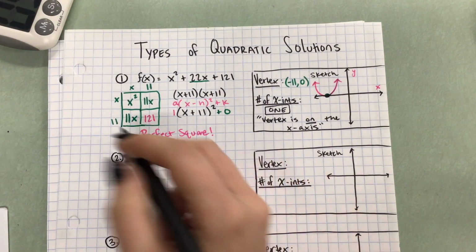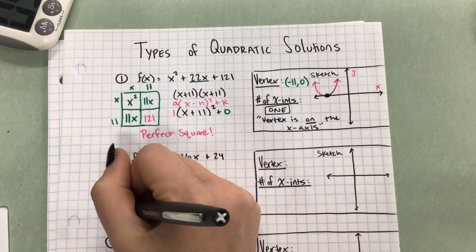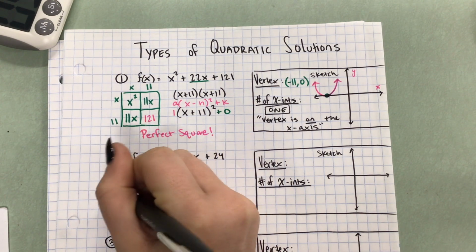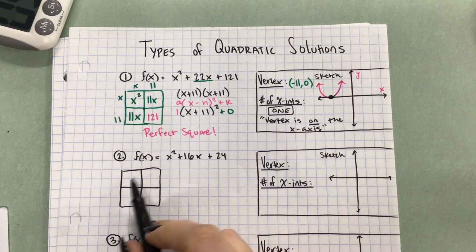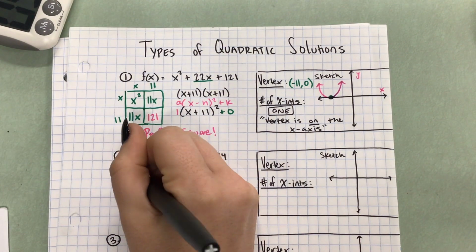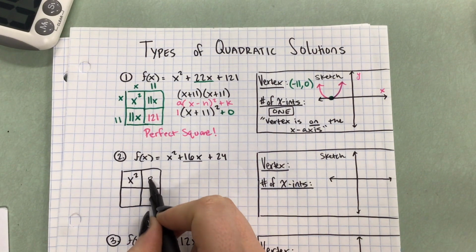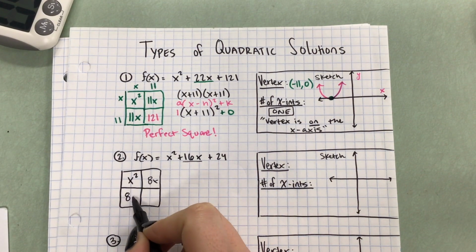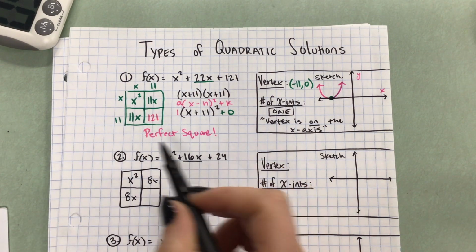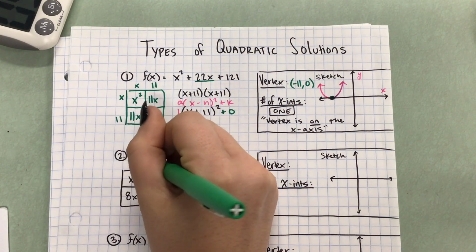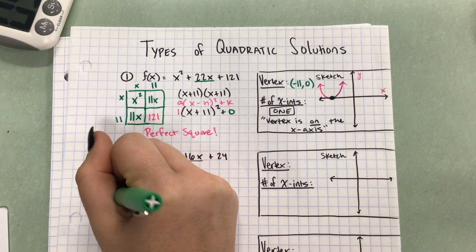Same method. We're going to build a box. I know this first one has x squared. I'm going to take half of my second term and put it both in there so that we have it balanced. It looks like my dimensions are going to be x and 8, x and 8.